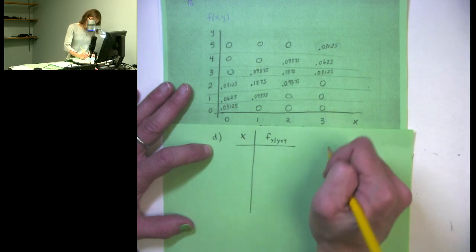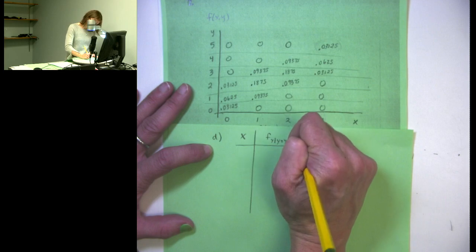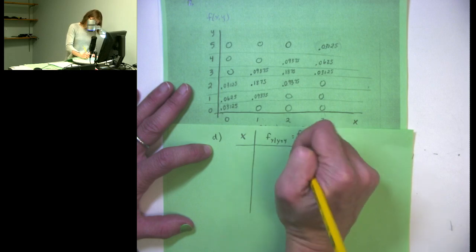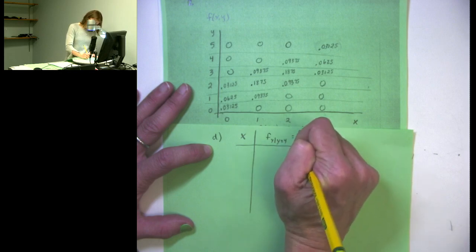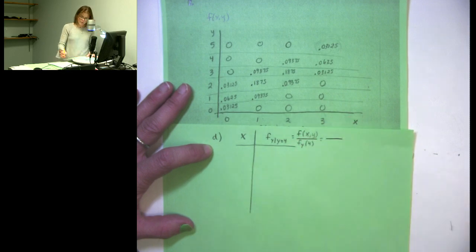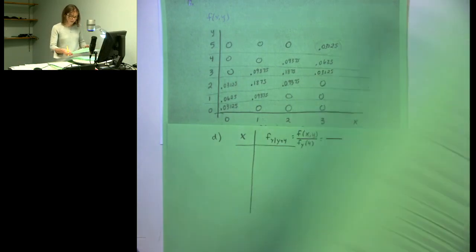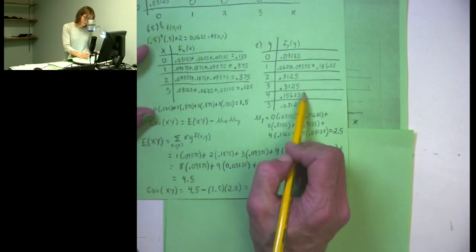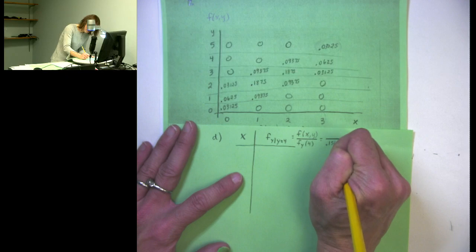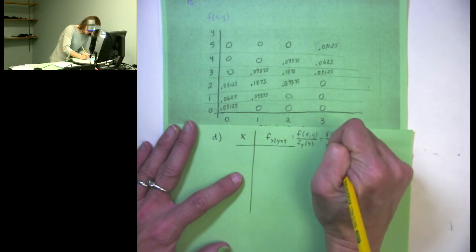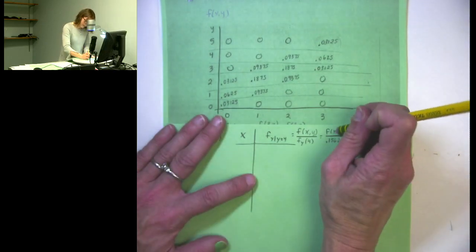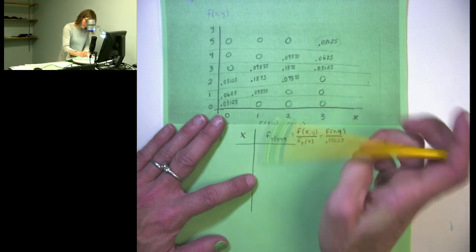Now I know this is going to be f of x, y divided by the probability that y is equal to 4. And the probability that y is equal to 4 I found way back with my marginal distribution of y is 0.15625. So I'm going to be dividing by 0.15625, f of x, 4.